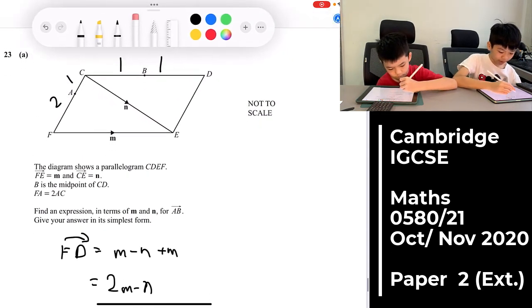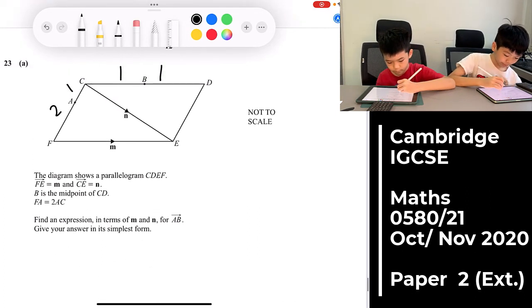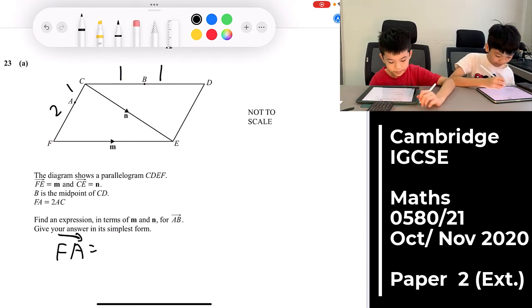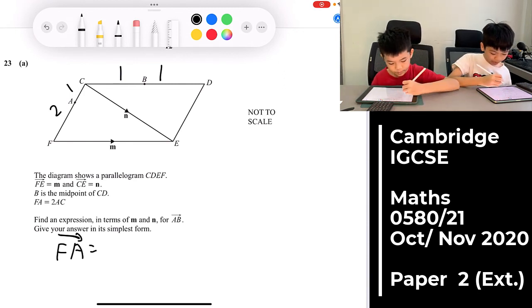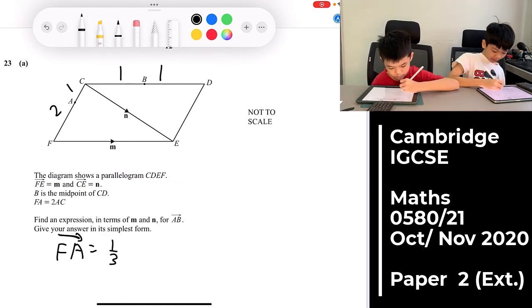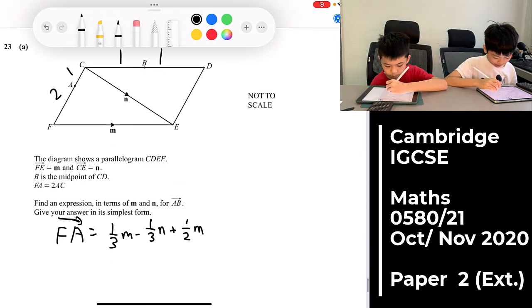Wait, hold on. FC. Wait, FA. So if FC is m minus n, then AC must be 1/3 m minus 1/3 n plus half m.